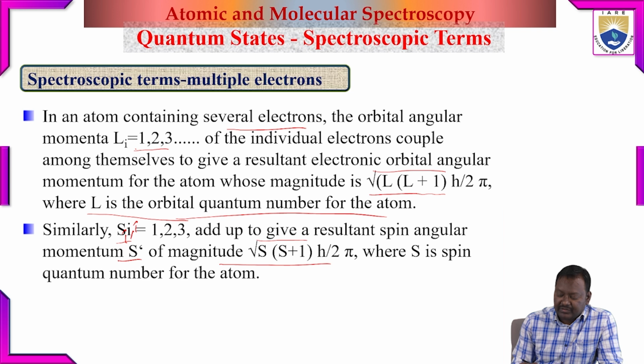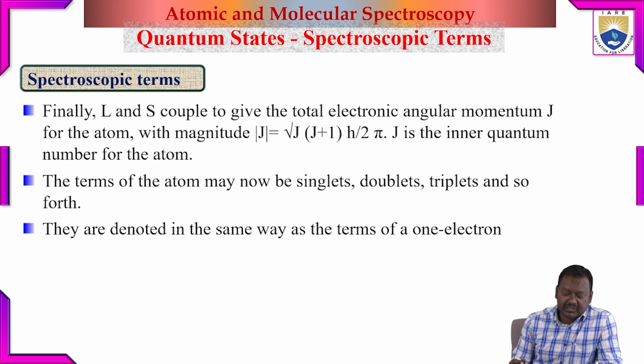And then after finding the total orbital angular momentum and total spin angular momentum for the entire atom, we need to add up these two values to give the total angular momentum J. Actually J bar is a vector.